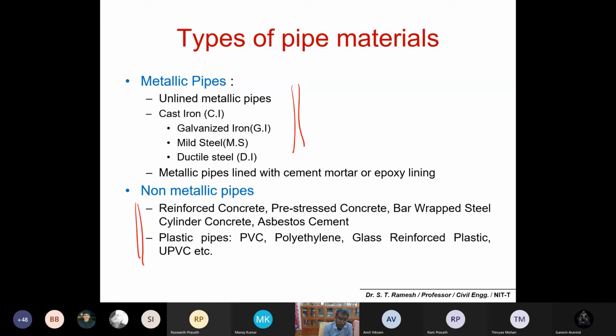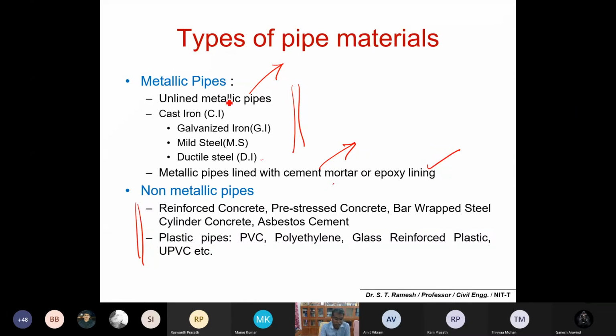Please remember, metallic pipes are predominantly cast iron, galvanized iron, mild steel, and ductile steel. The metallic pipe also may be unlined pipes and also lined pipes. Please make a note on it. Either you can line inside with cement mortar or epoxy lining.